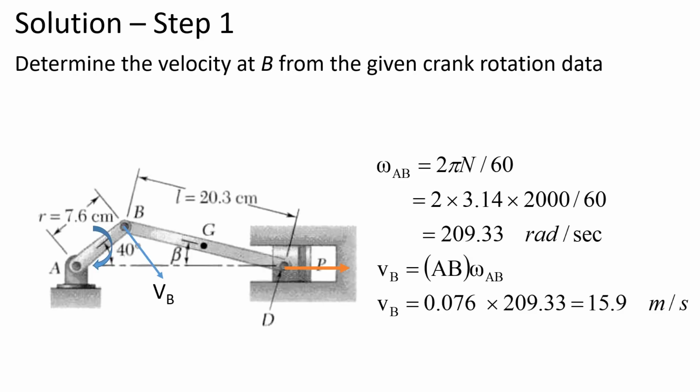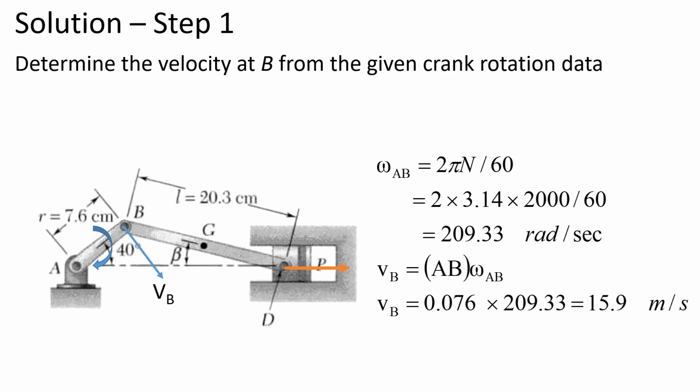Solution: Step 1. Determine the velocity of B from the given crank rotation data. Omega AB will be equal to 2 pi n by 60, where n is rpm. It will give us the value 209.33 radians per second.